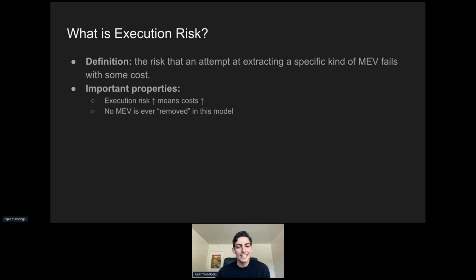It also sidesteps this super annoying question of whether MEV is ever truly removed from the system, or is just shoved into some probabilistic stat arb. I think it's all captured by this model. It avoids that whole rabbit hole, and of course, it puts the focus on searchers instead of the MEV.